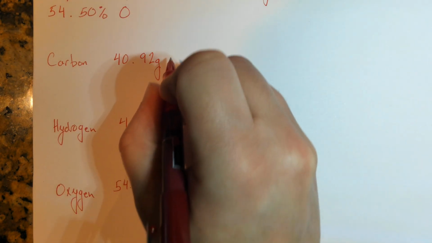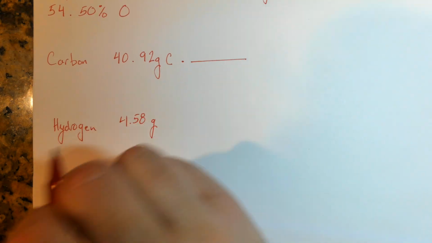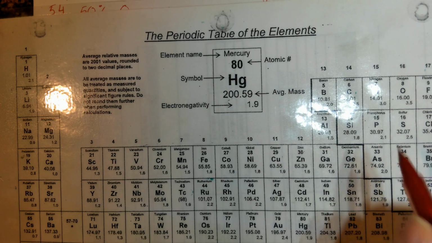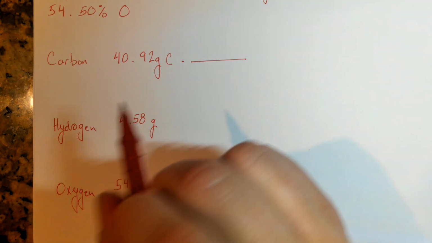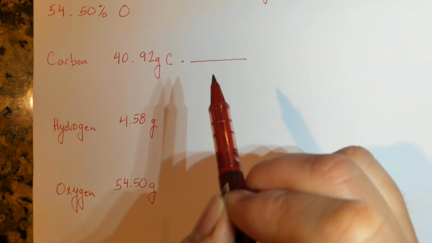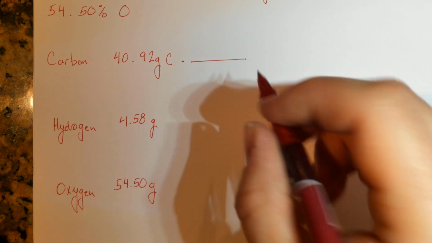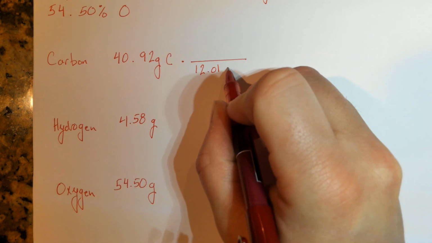For carbon, take the molar mass of carbon, right? How are we going to find that? We're going to grab our periodic table and see that carbon is 12.01 grams per mole. If that's the case, do the grams go on the bottom or the top? Hopefully you've figured out now that the grams need to go on the bottom.